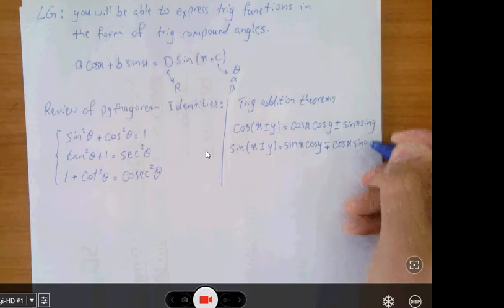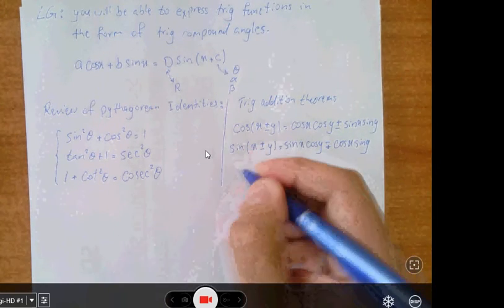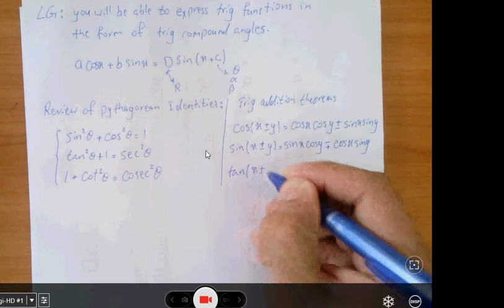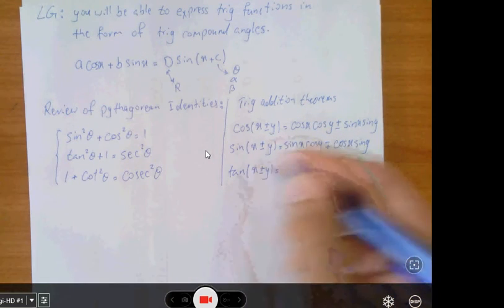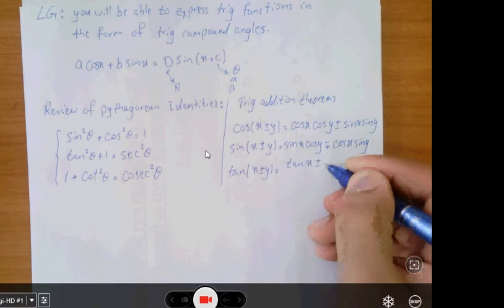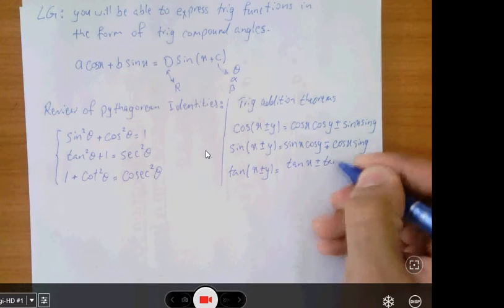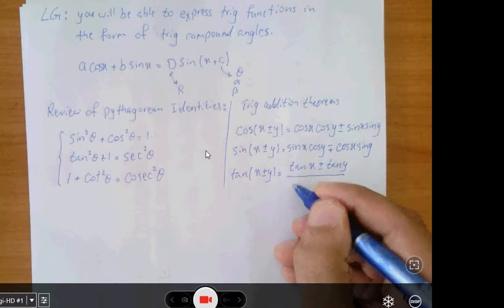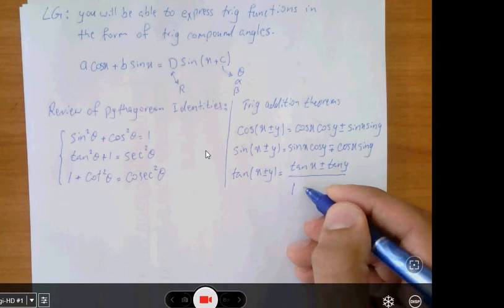Very good. And last but not least was tangent, correct? Tangent of x plus minus y equals, and over here tan x plus minus tan y, that corresponds to that sign. And down the bottom, what happens here again? Was that one minus or plus? Minus plus.